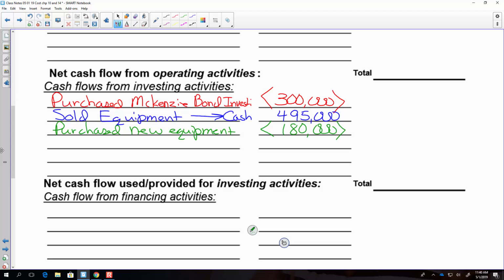And then at the end, we purchased common stock in Lemons Company for $82,500 as an investment. Again, negative.